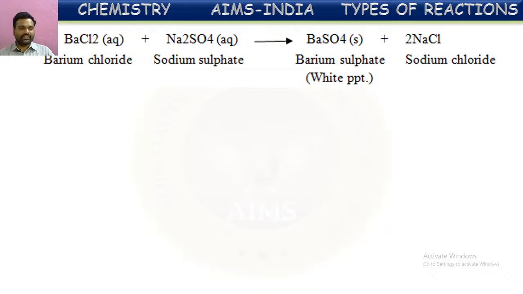Here we can see it in equation form. Barium chloride is one compound, sodium sulphate is another compound. These two are soluble in water, so they form solutions.